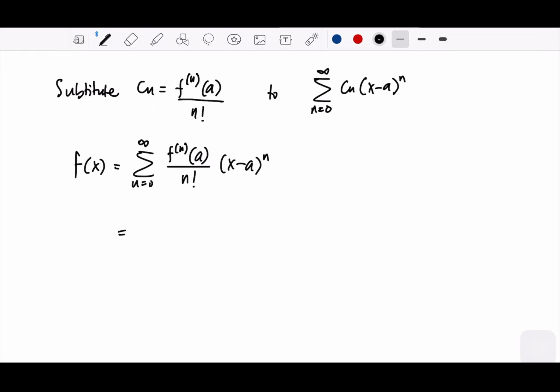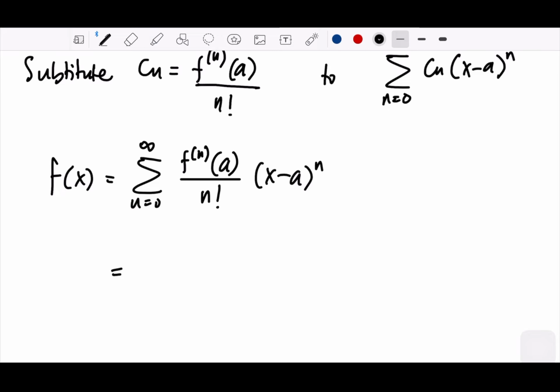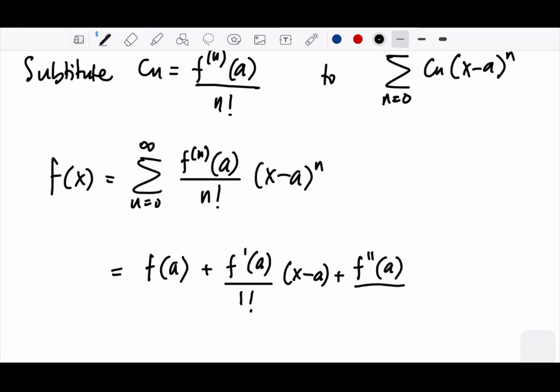Now if you expand the series, let's start from 0. This will be f of a for n equals 0, and then n equals 1 will be f prime a over 1 factorial, x minus a, then plus the second derivative over 2 factorial, x minus a squared.